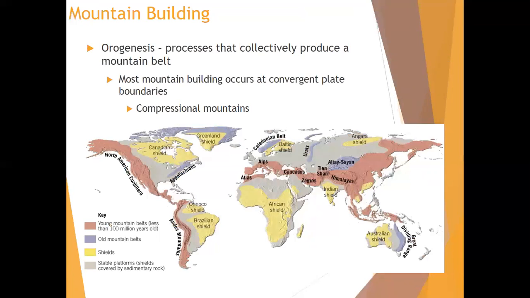The Urals and the Altai-Sayon mountains are the result of Europe and Asia becoming a singular continent. Many of the mountains shown here in red are the result of recent plate movements. Well, more recent than the others, so things less than 100 million years ago, which for most of us doesn't count as recent, but geologically, very recent.